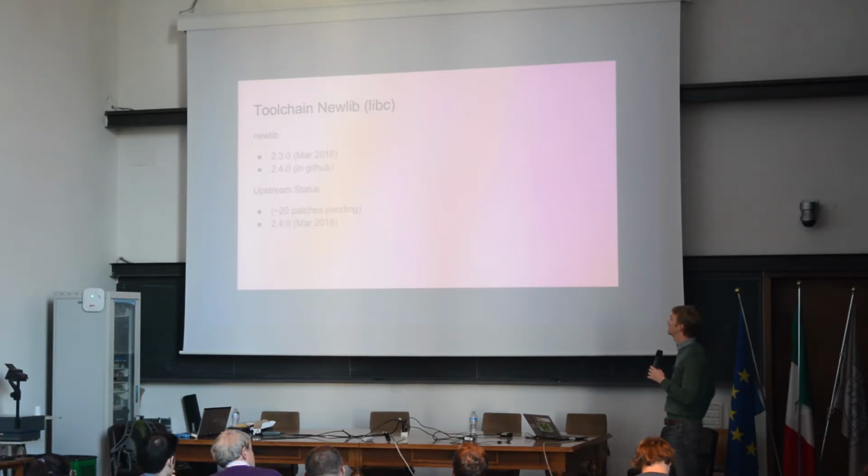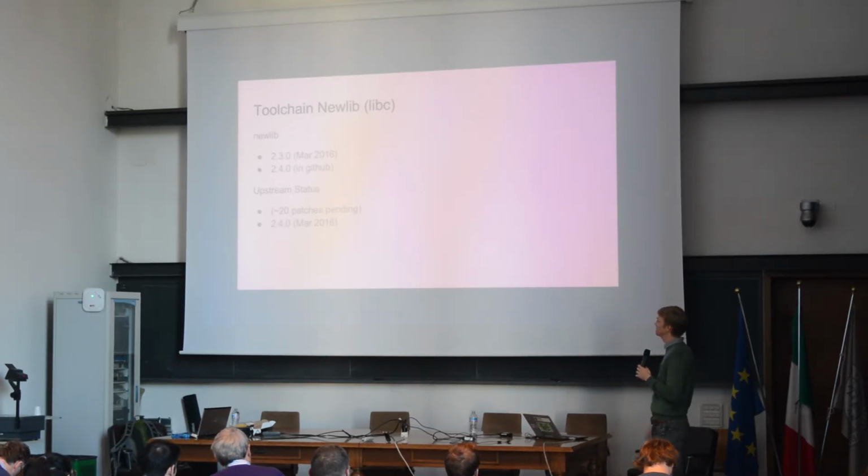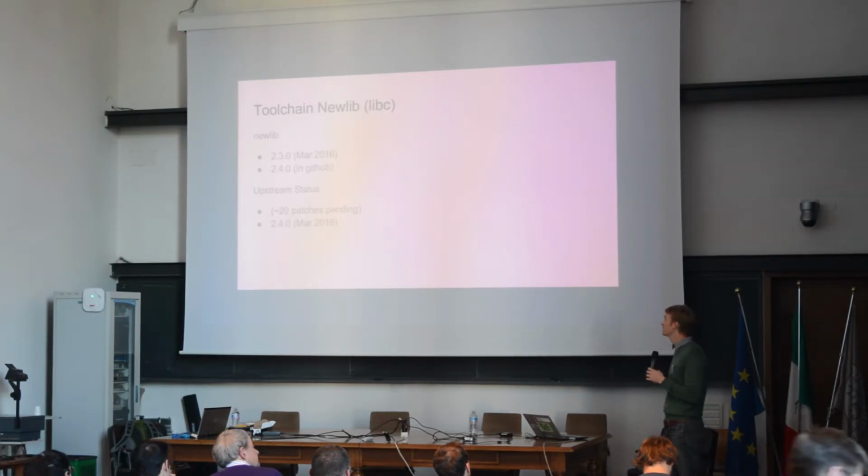Stefan did that, and since then, upstream has not really progressed. Newlib upstream is 2.4, which we have in GitHub, but we haven't created an official release for that yet. We have about 20 patches that need to be sent upstream, so again, something that we're working on.